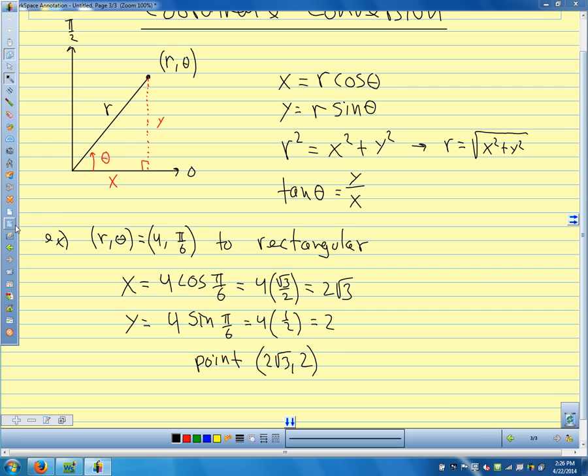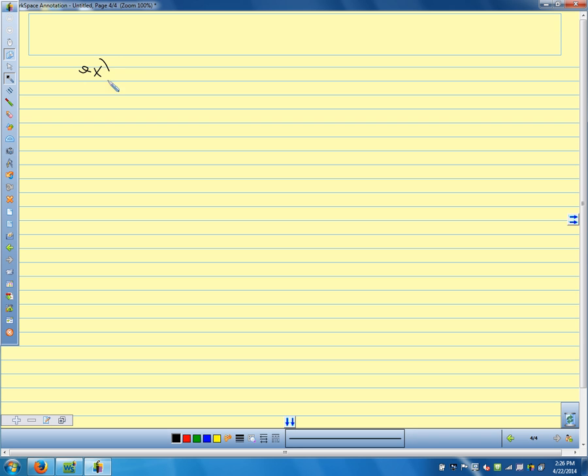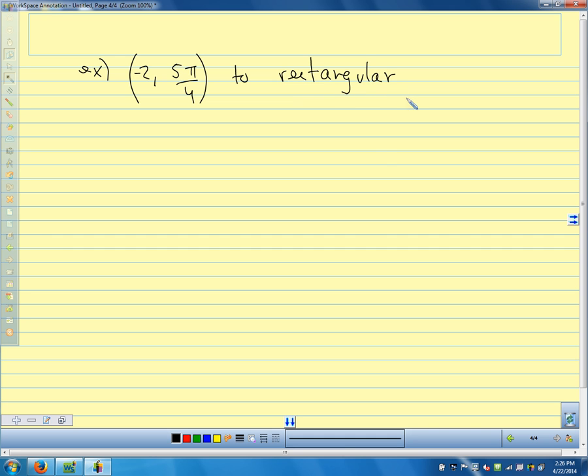Let's look at another one. We have negative 2, pi over 4, and we want to go to rectangular. Same thing. So x is going to be negative 2 times the cosine of pi over 4.